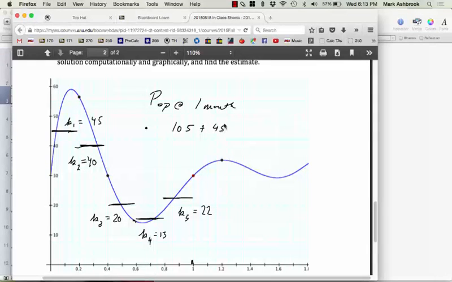K delta x, right? 45 per month times how many months? 0.2 months. All right, and then we're going to add on how much it increased according to this next constant rate for 0.2 months. And so on. 15 and 22.